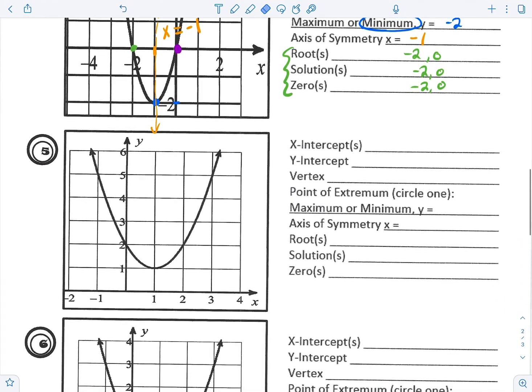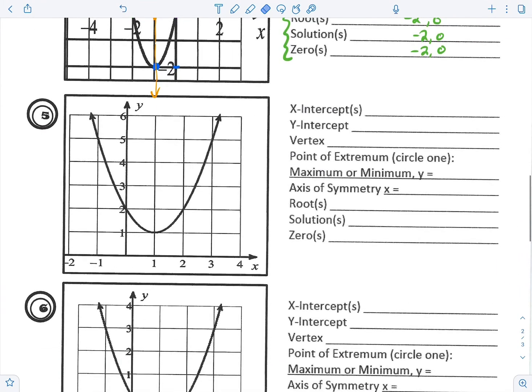All right, and when we look at number 5, what we should notice is that this graph is an upward parabola, but does it ever cross the x-axis?